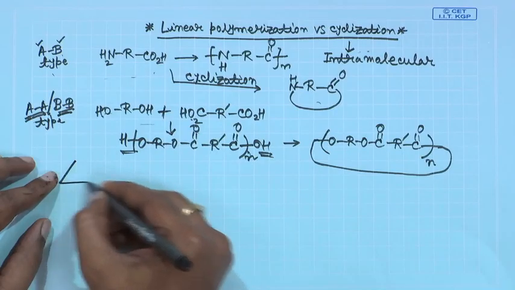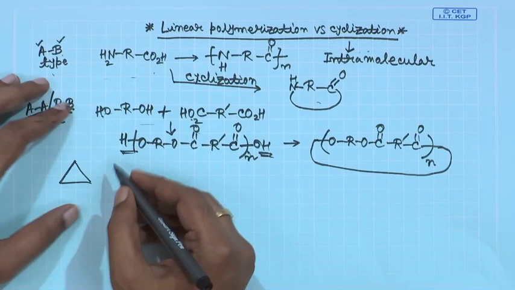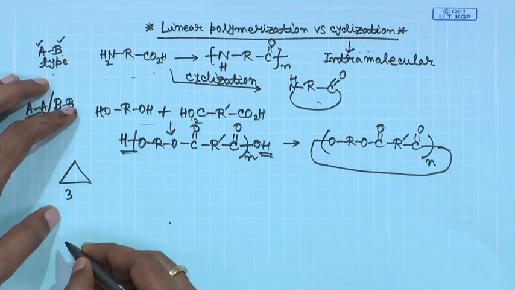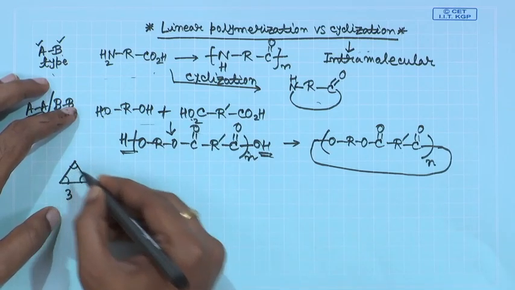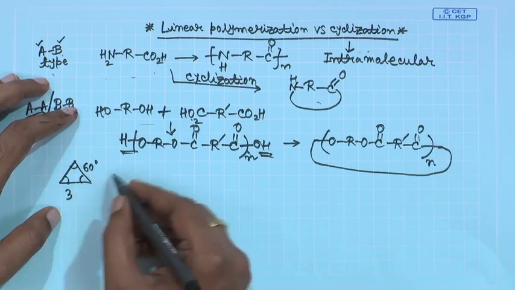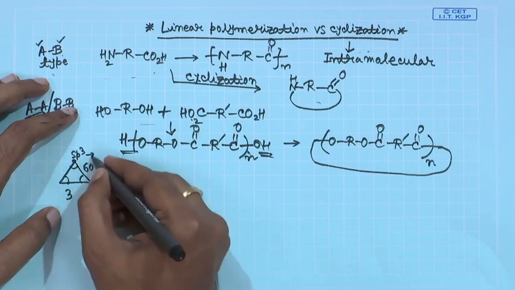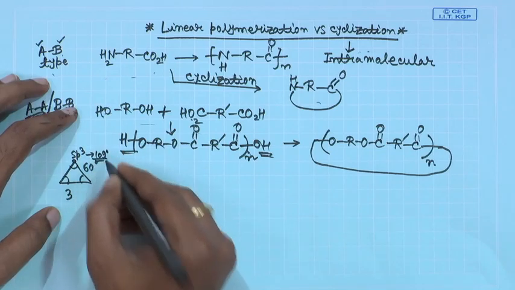Suppose you have a triangle. So, if you have something like this, say a ring size of 3, then each angle is 60 degrees. Now, if you have sp3 hybridization there, it has to be close to 109 degrees, that is what it dictates.